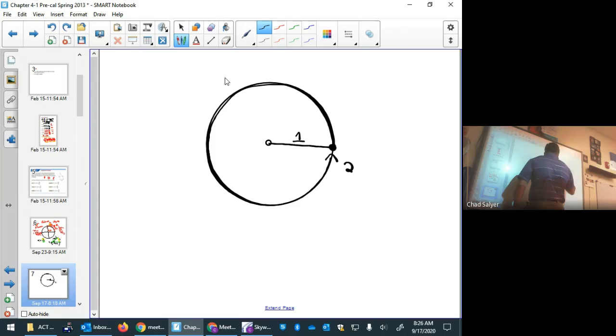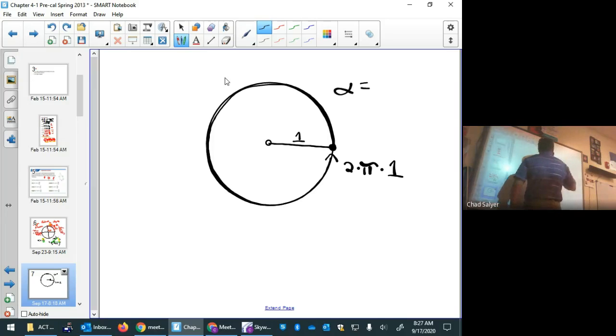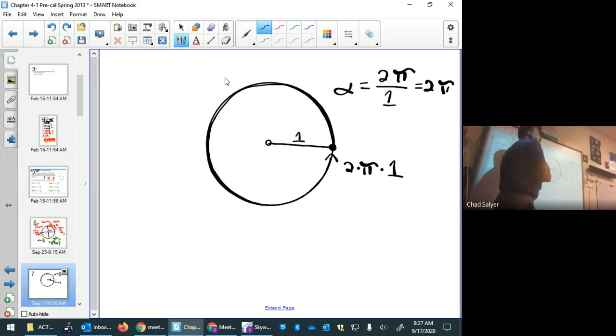So that's 2 times pi times r, which is 2 pi in length. And if I were to describe this entire circle as a radian measure, that's going to be 2 times pi times 1, the arc length, divided by the radius, which is also just 2 pi. So there are 2 pi radians in the circle.